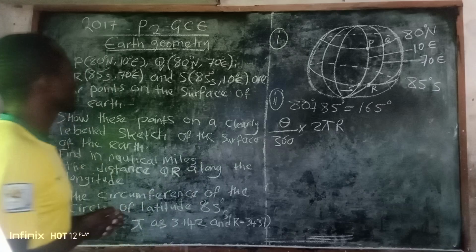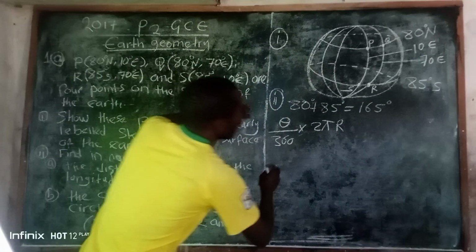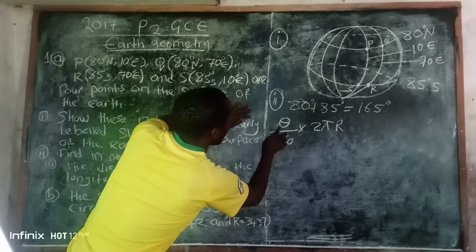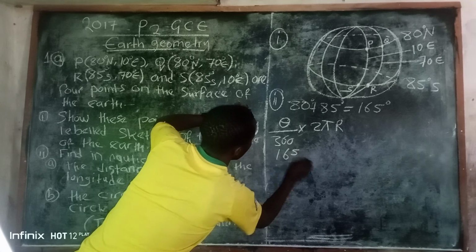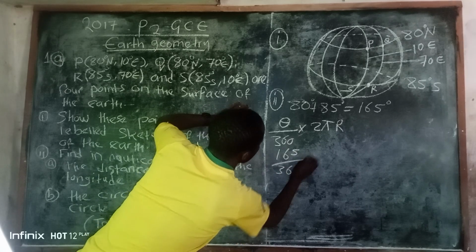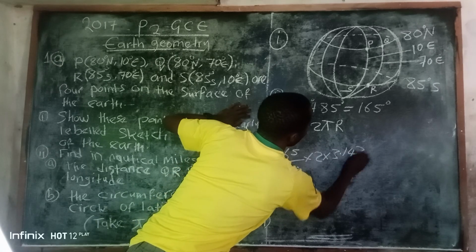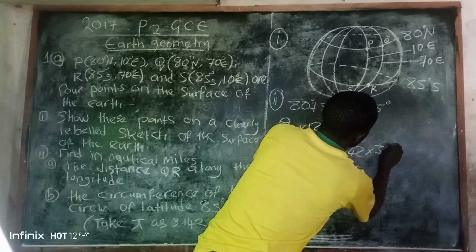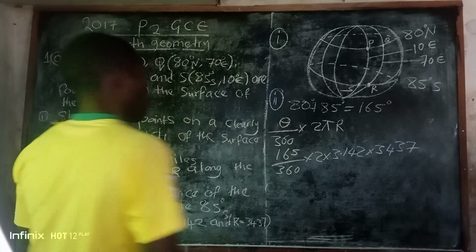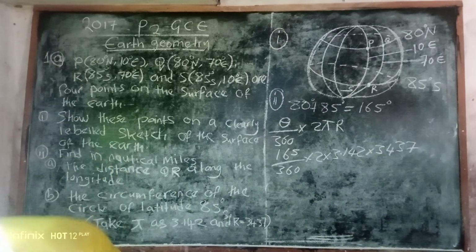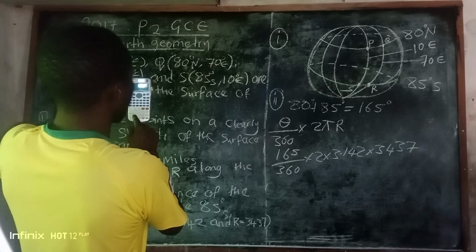So now from there, we are going to substitute according to the variable values that we have. So this one we have already found: 165 over 360 times 2 times 3.142 times 3437. Okay, so from there now we can get a calculator so that we calculate the final answer.